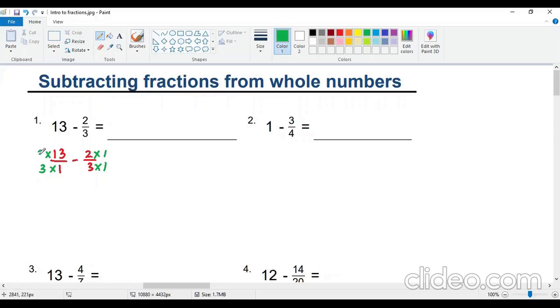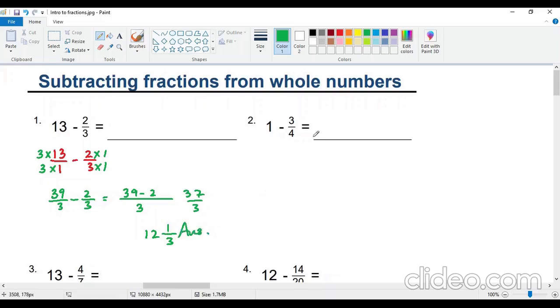This gives us 3 times 13 gives us 39 over 3, negative 2 over 3. As soon as you see denominator is equal, make a straight line and write 3 one time only. 39 minus 2 gives us 37 over 3. Now convert this into a mixed fraction. 3 times 12 is a 36 and 1 is a remainder, and this is going to be your answer.